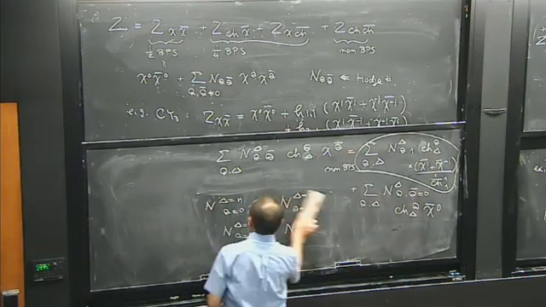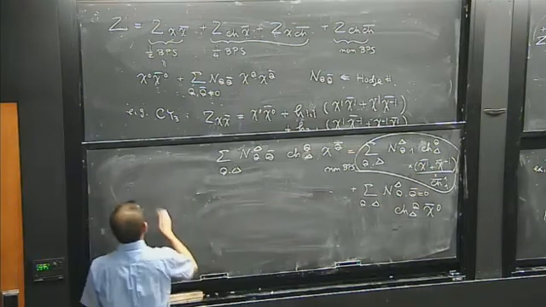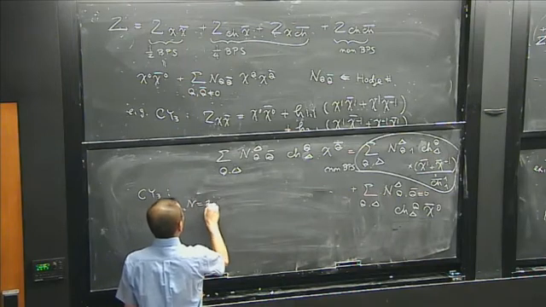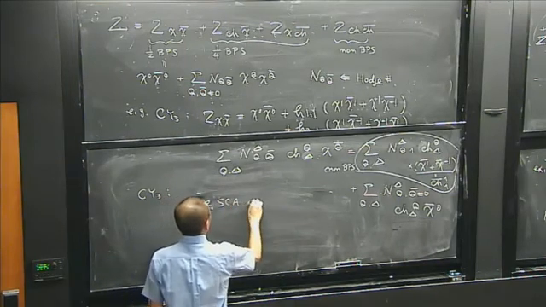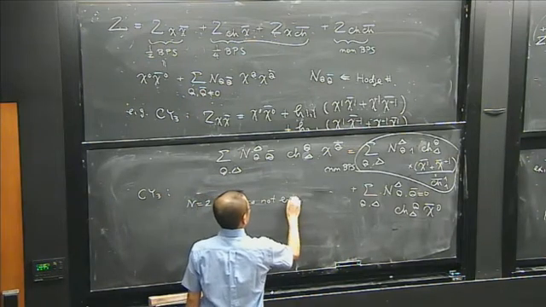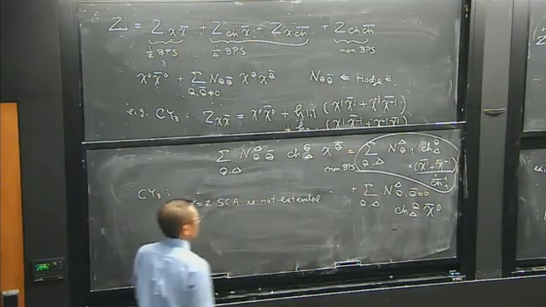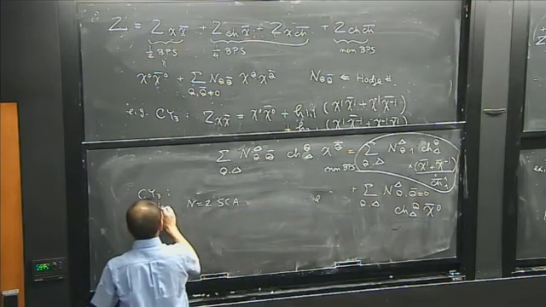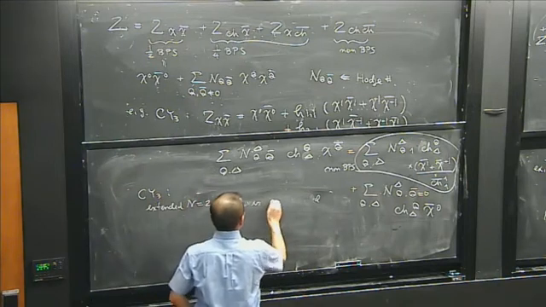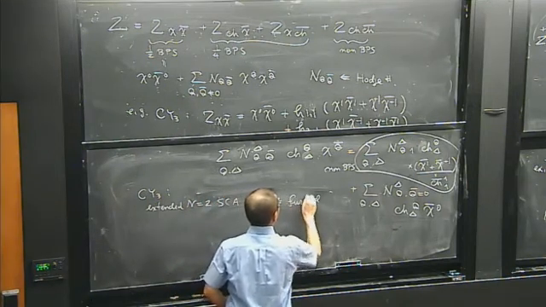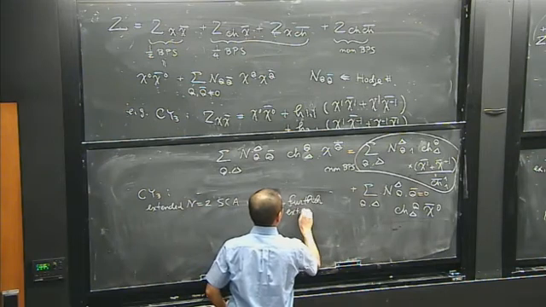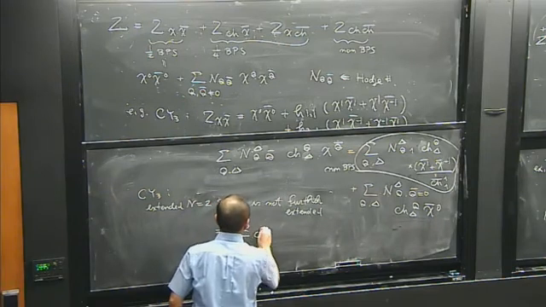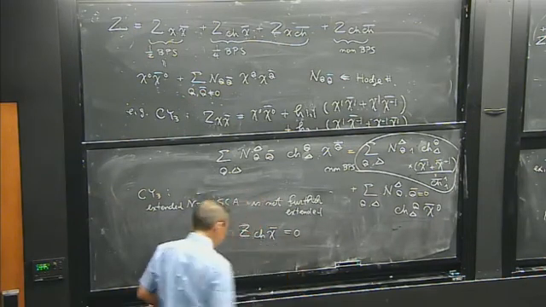So from that, one can conclude that for a Calabi-Yau threefold, if you assume that the N equal to 2 SCFA is not extended, namely there is no further extension, then the cross term should vanish.